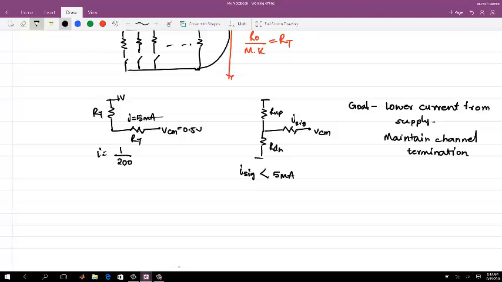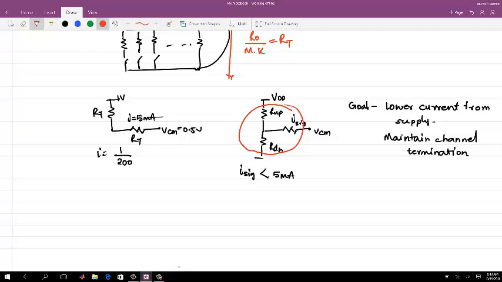The supply is fixed in both cases, VDD, right? The current flowing through the supply depends on the resistance you are seeing. So if I want to reduce the current, the easiest thing is to increase the resistance, right?